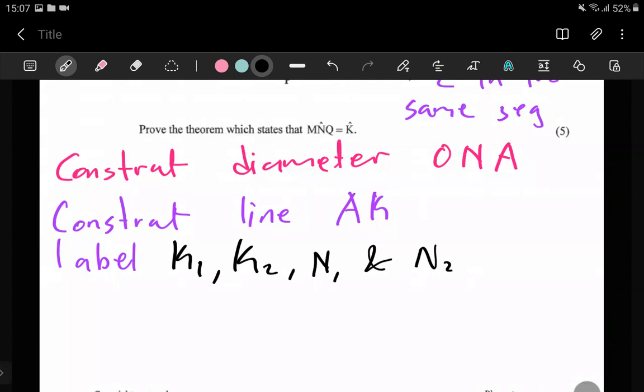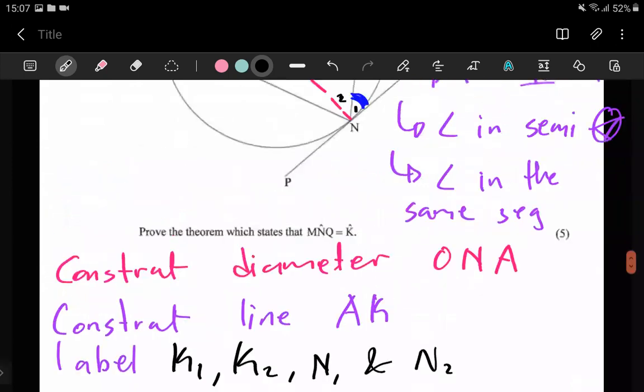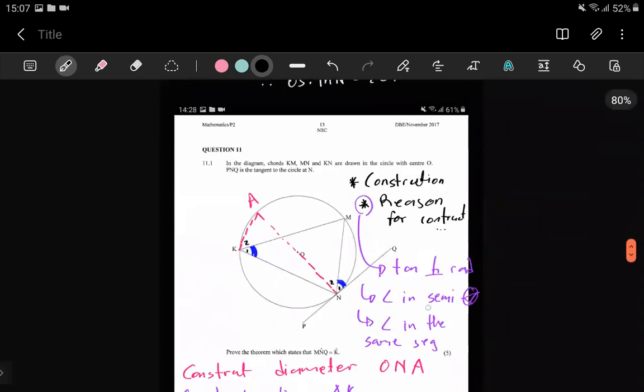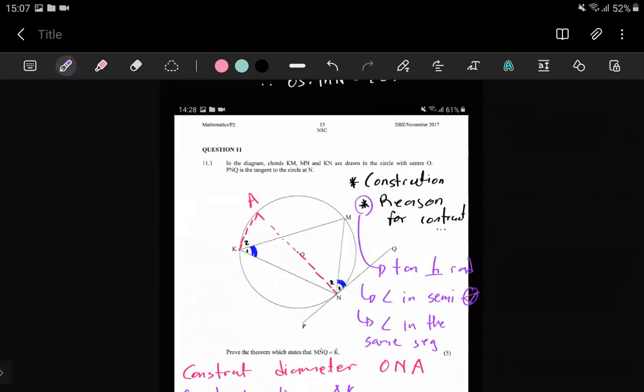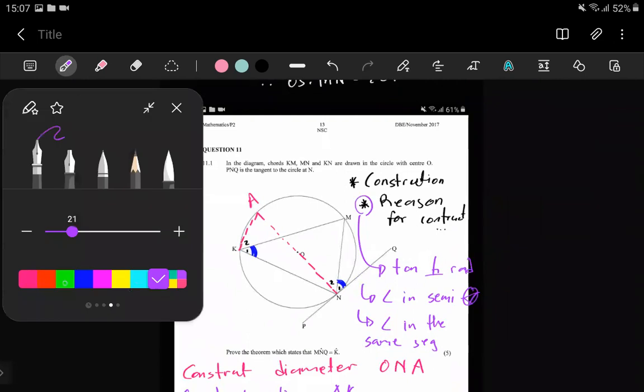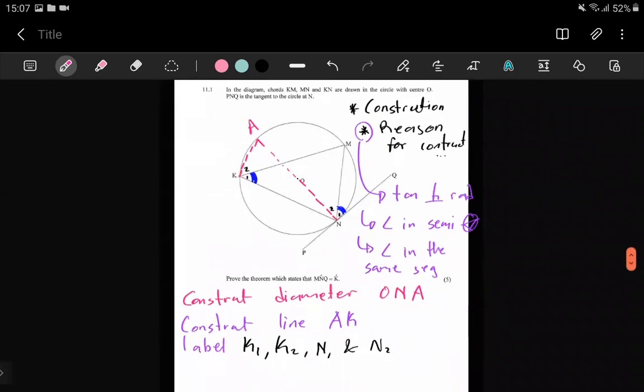So with all these pointers laid out, the one thing you want to keep in mind is that you're using these three theorems. It doesn't matter which one you use first, but you just need to state that you can see them.